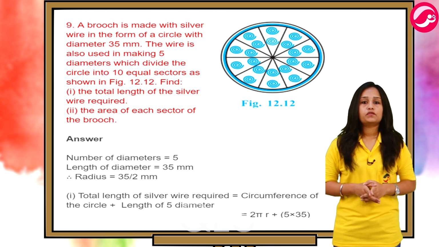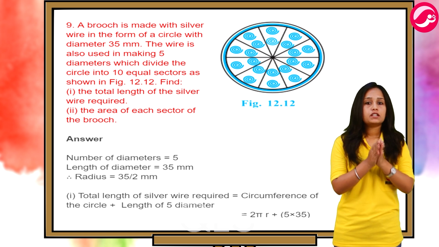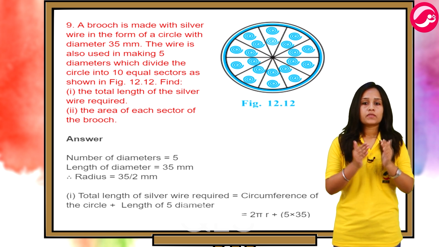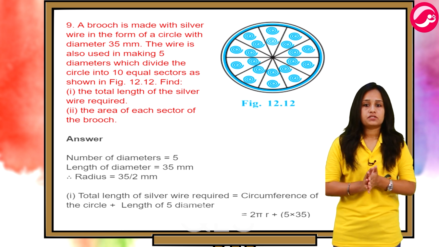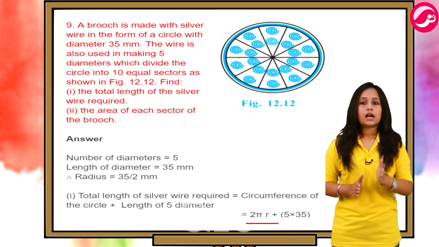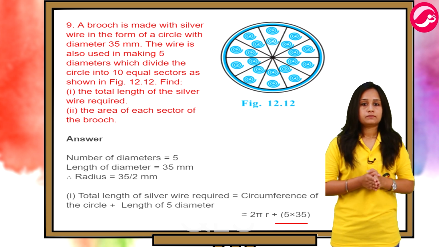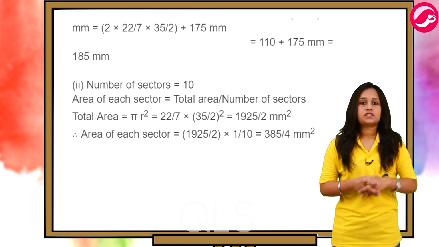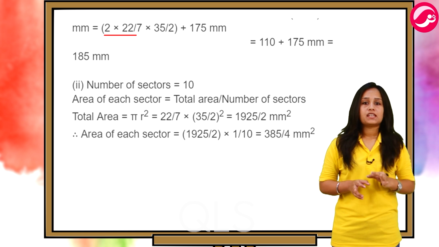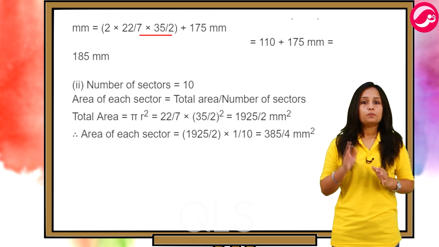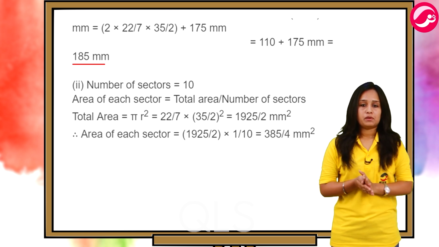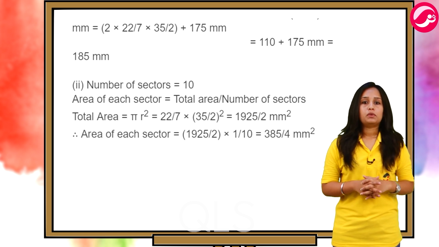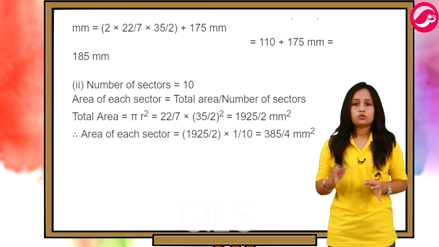Now, for the first part of the problem, total length of silver wire required will be equal to circumference of the circle plus length of the 5 diameters, which is equal to 2 pi r plus 5 into 35. So, this gives us 2 into 22 by 7 into 35 by 2 plus 175 mm, that is equal to 185 mm. Now, for the second part of the problem, number of sectors is equal to 10.